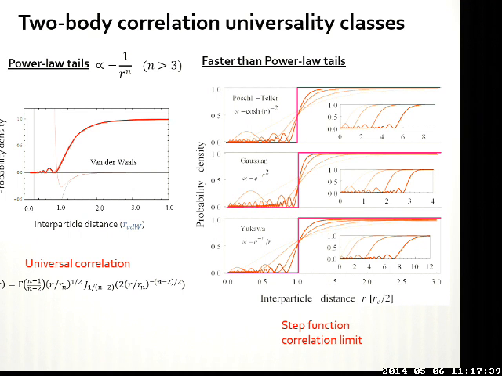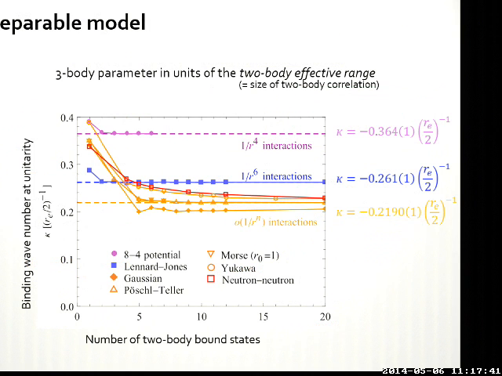Okay, so this is the final plot. Here I represented, for all these various interactions, power law interactions and interactions decaying faster than power law, the value of the binding wave number as a function of the number of bound states. Each point is at unitarity for a different number of S-wave bound states.